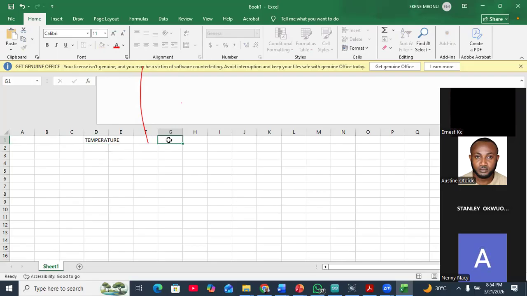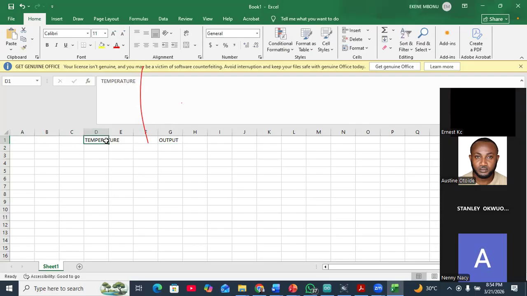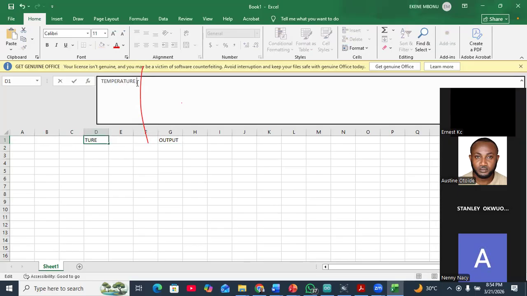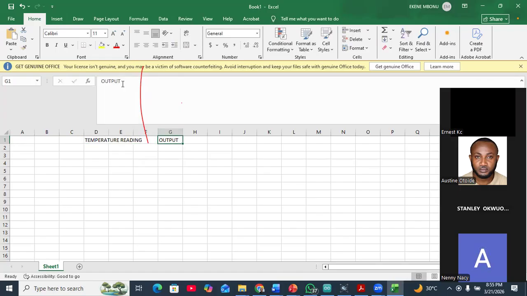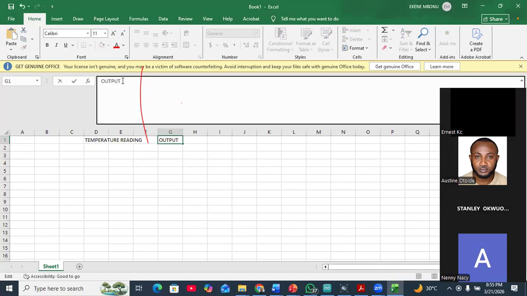We call this one output. So this is the temperature reading. This line, I don't know where it's coming from. I just hope that it's not a screen problem. Output voltage.